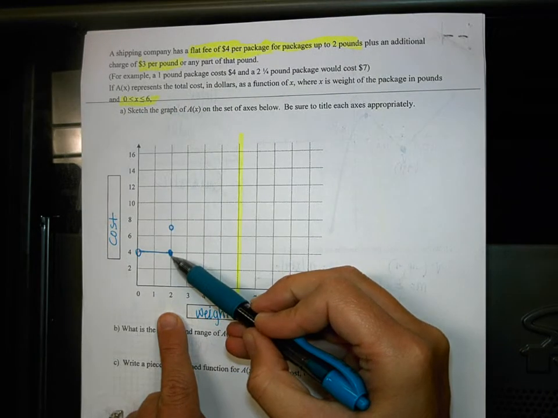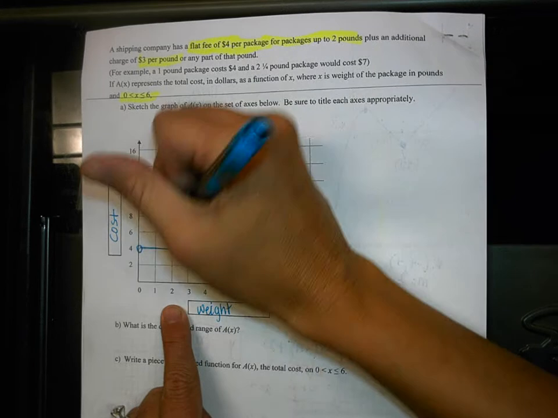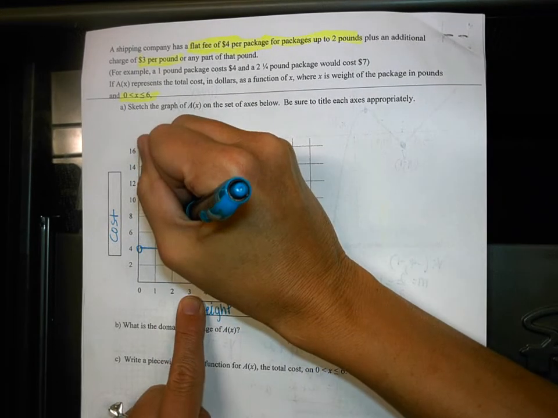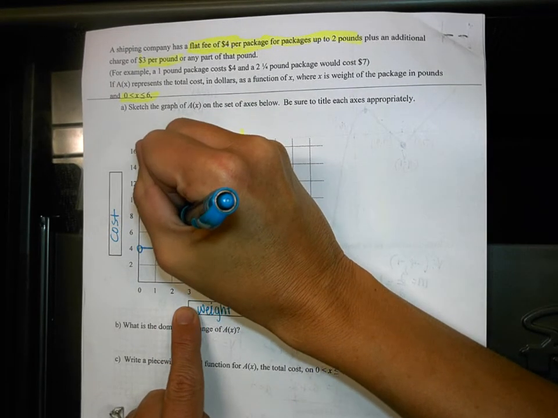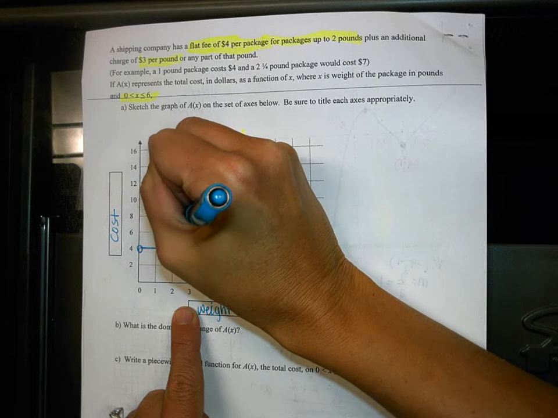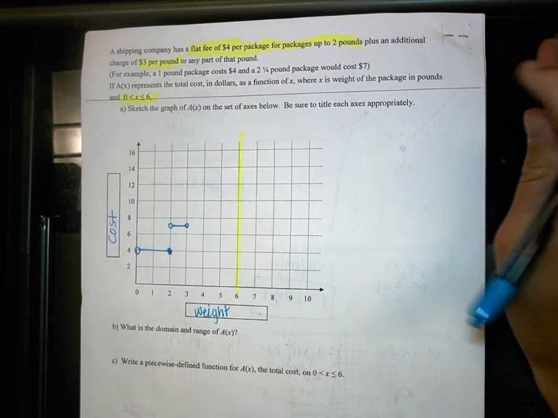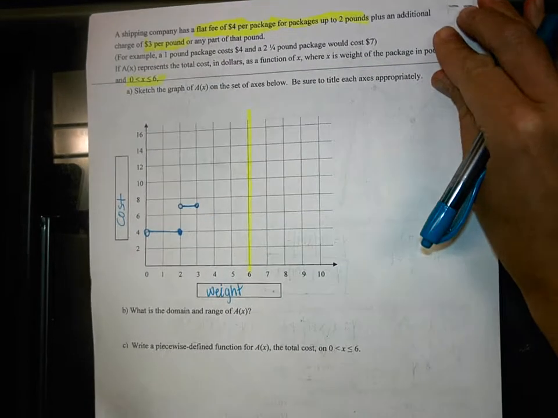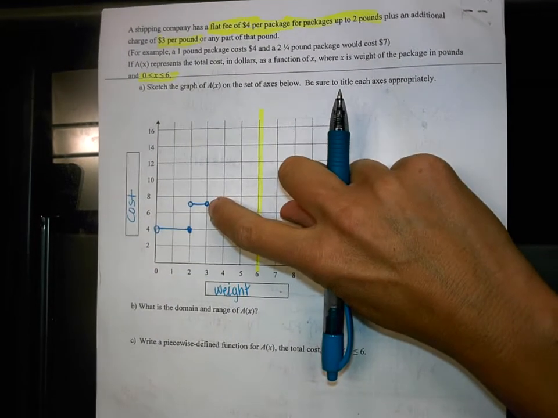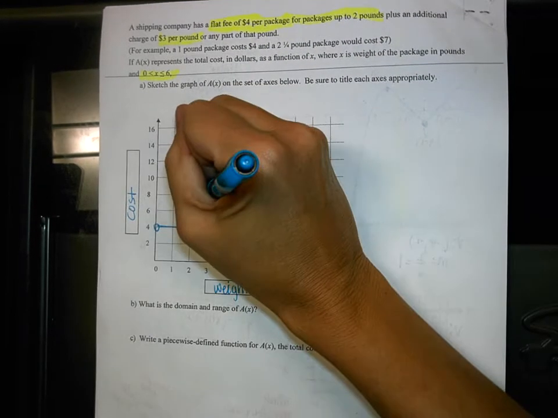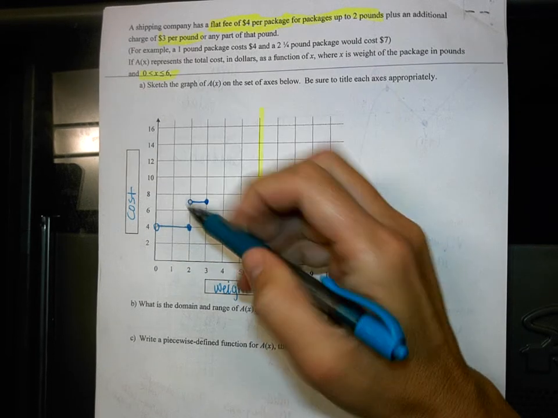But between 2 to 3 pounds, it's going to be 7 because we added that 3. And at this point right here, on the 3 side, will this be open or closed? Closed. So at exactly 3 pounds, I'm still only going to pay $7.